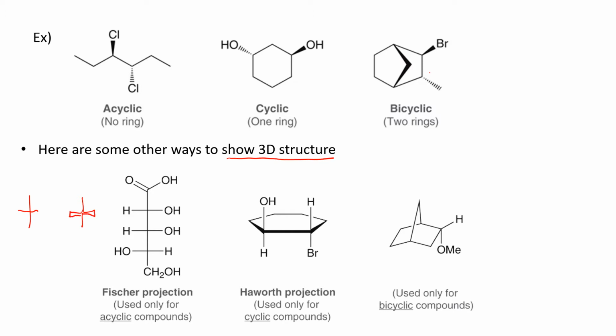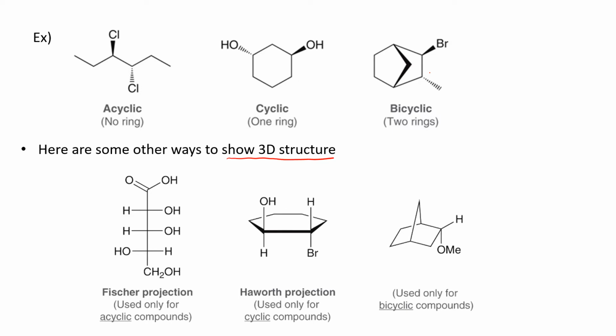As far as the 3D perspective is concerned, almost like that. And really, we could even go as far as doing that. Two wedges and two dashes. But we'll work on converting Fischer projections to bond line later. We're just introducing the fact that we have other representations for 3D structures when we're doing bond line.